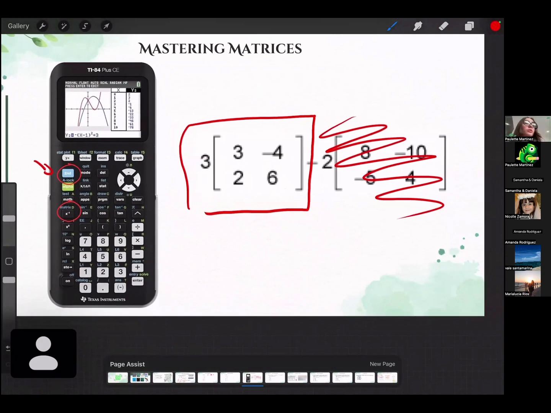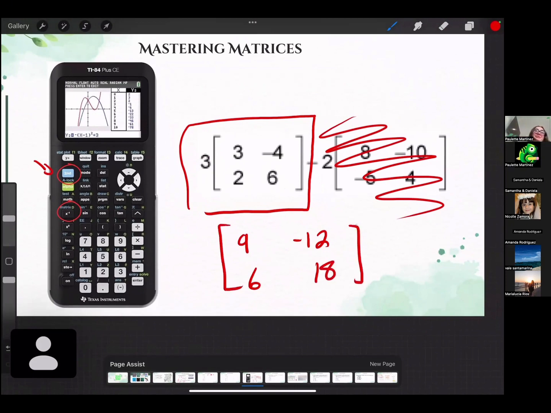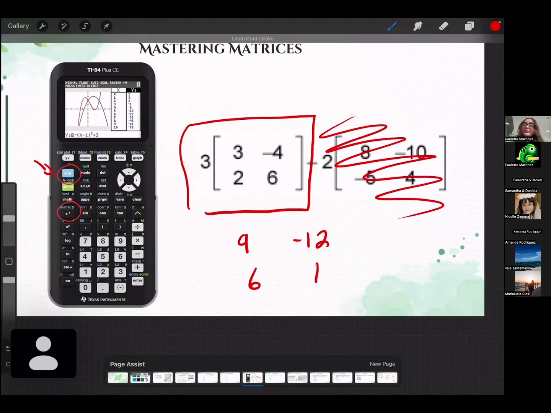But yes, you are right. Yes, Amanda. So you multiply each. So you get 9, -12, 6, and 18. And that's your answer. Okay? So you could technically go all the way into your matrix and put it in the calculator and solve, but for things like this, you can just multiply everything and you can do it in less than 30 seconds.